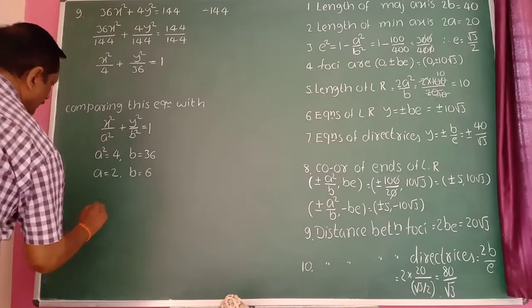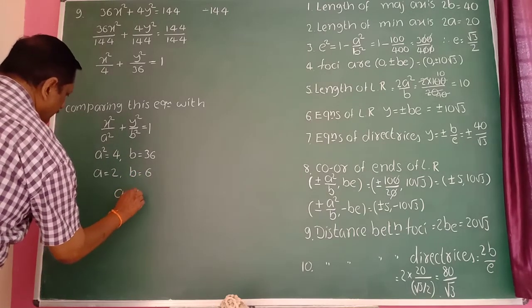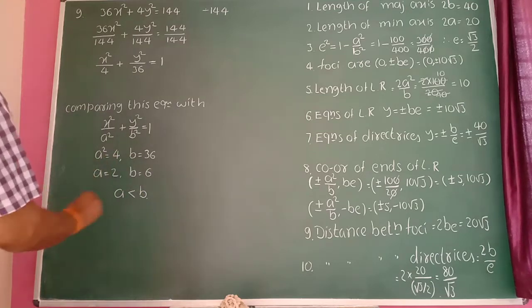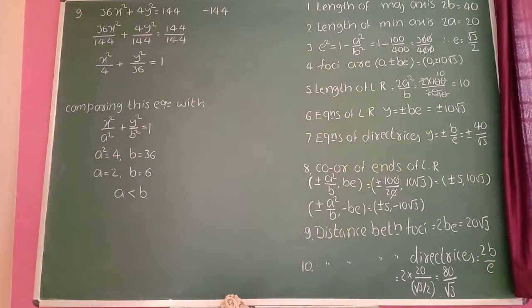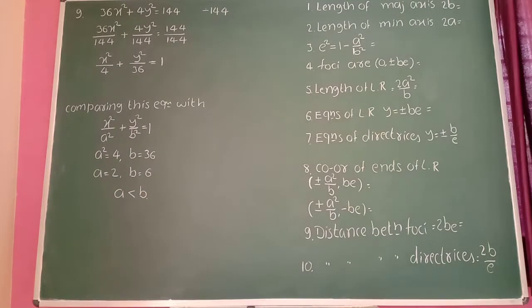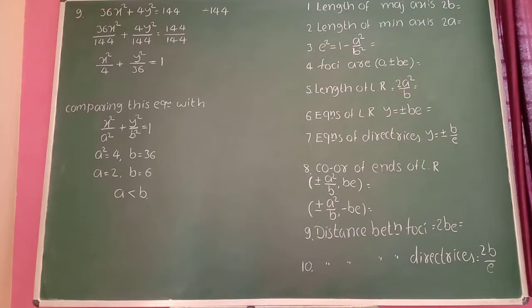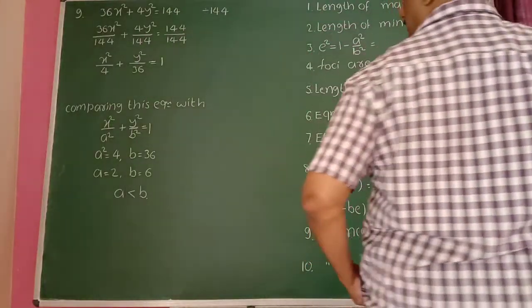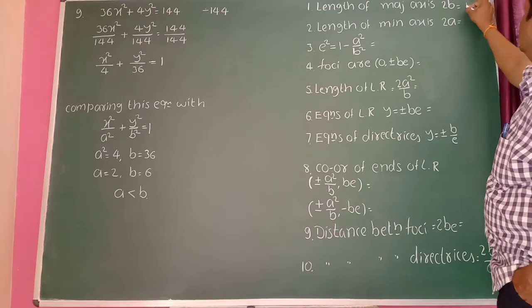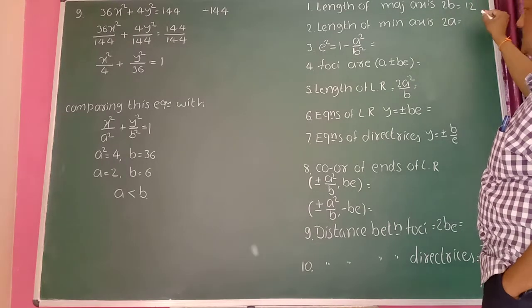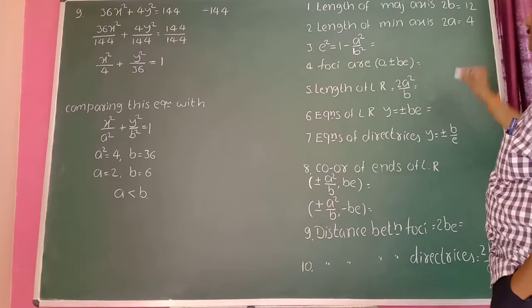Obviously here a is less than b. Therefore, the length of the major axis is 2b, which is 2 into 6 equals 12. The length of the minor axis is 2a, 2 into 2, which becomes 4.